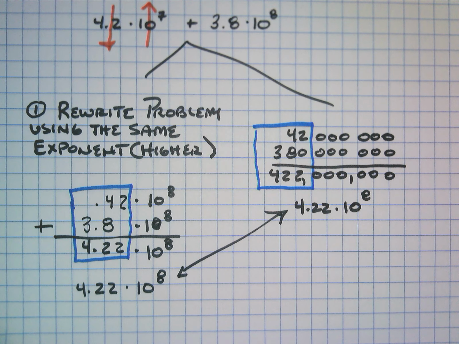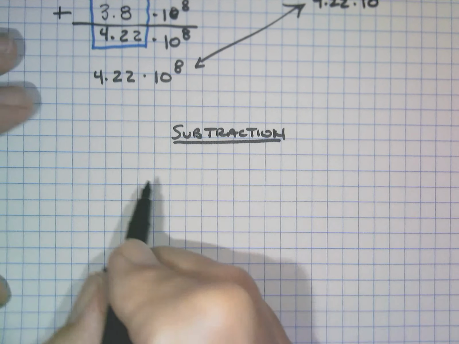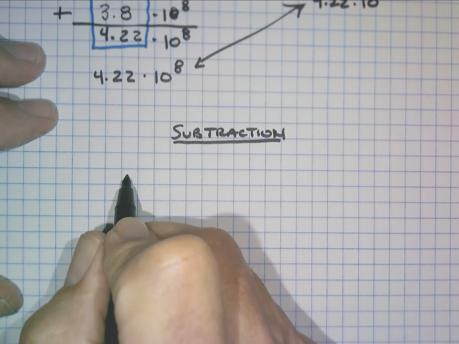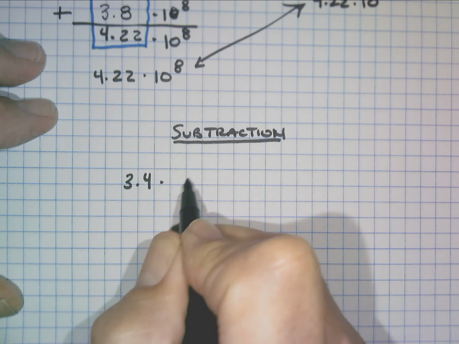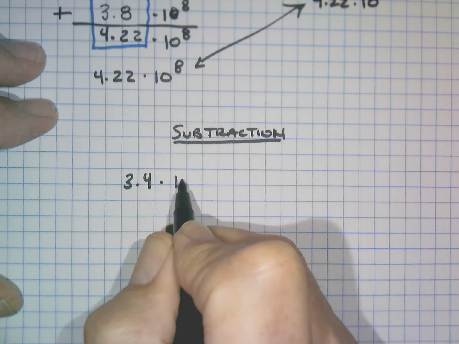Everybody good? Second example has to do with subtraction. Let's see, we're going to take 3.4 times 10 to the 30th. We're going to subtract from it 6.2 times 10 to the 29th.